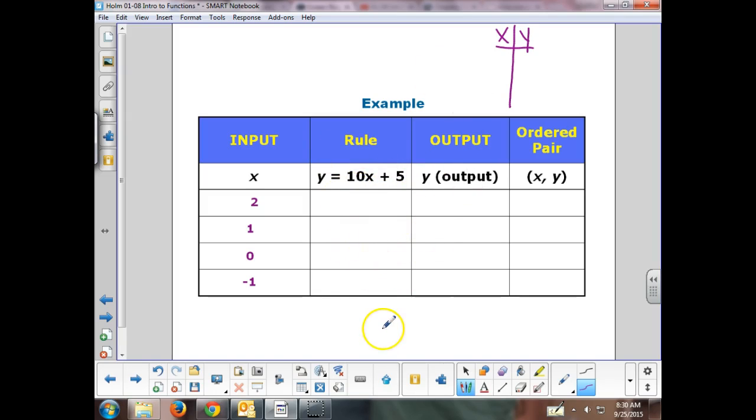But let's go ahead and fill this out for a while. So these are the inputs that have been chosen for you. I'm just going to simply fill this in as plugging these in for X. I'm going to press pause, go ahead and complete this table.